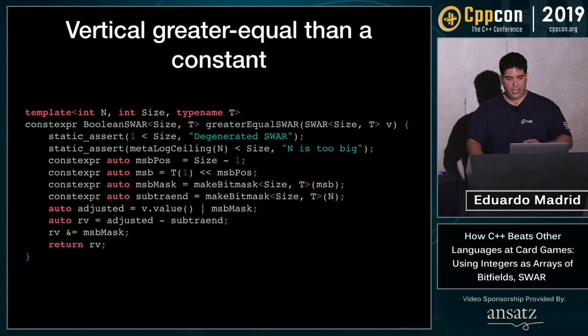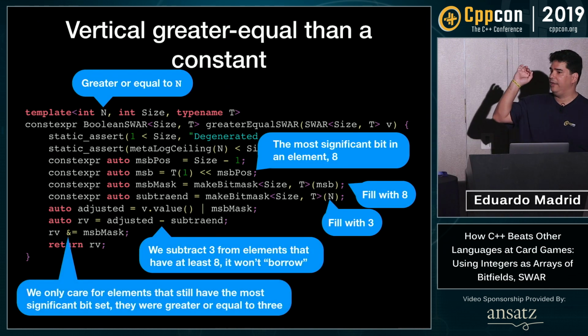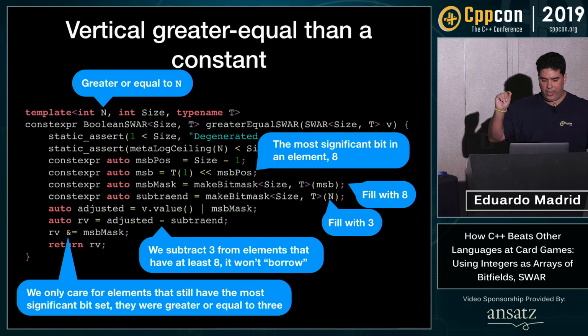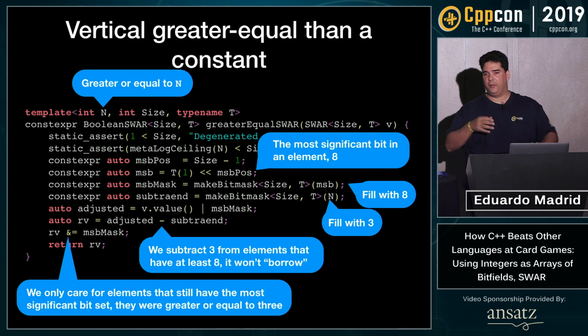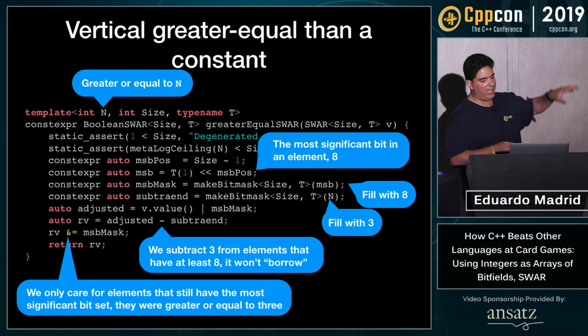So what we're doing here is that to set the top bit of each element, and we construct the field with 3 elements, because what we're going to do is to subtract 3 from each count.